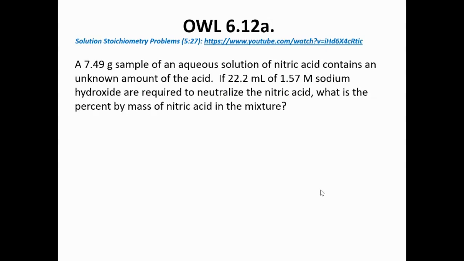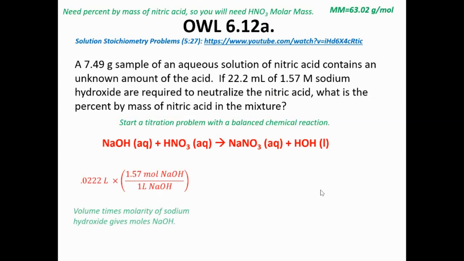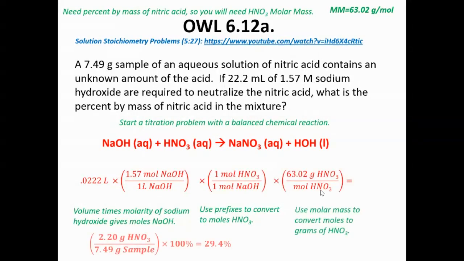Sometimes, though, we need to calculate the percent, not the molarity. So we're given grams of a sample, and we use the titration to figure out the moles and the grams of the acid or base. So in this case, we will use that calculation to figure out the grams of acid, in this case, HNO3.